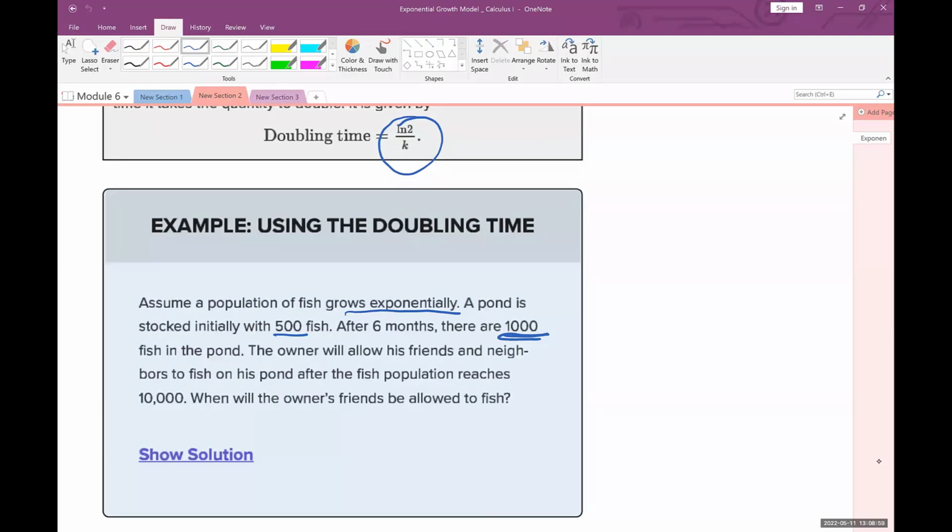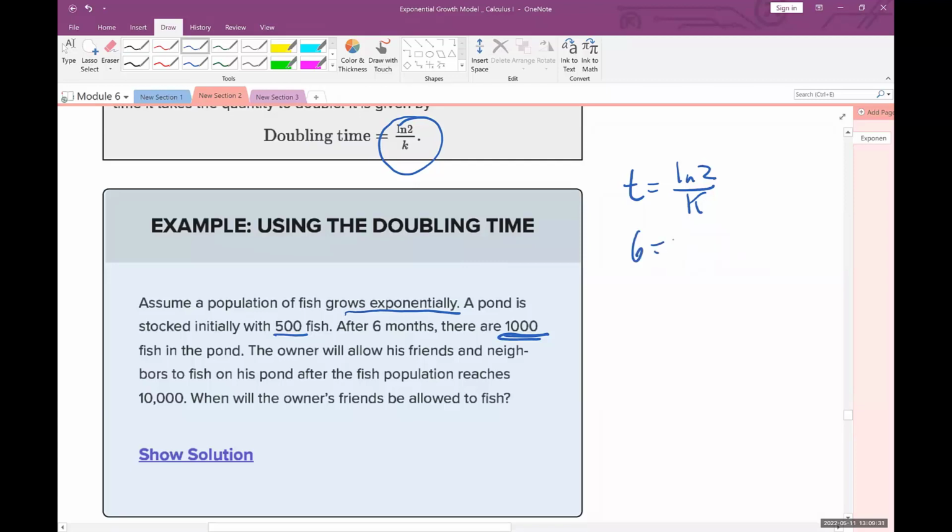The owner of the lake will allow his friends and neighbors to fish the pond after the fish population reaches 10,000. When will the owner's friends be allowed to fish? So assume the same rate of growth, and that the population won't be capped by the resources of the lake. So we have time equals the natural log of 2 divided by k. We want that k. How long did it take to double? 6 months.